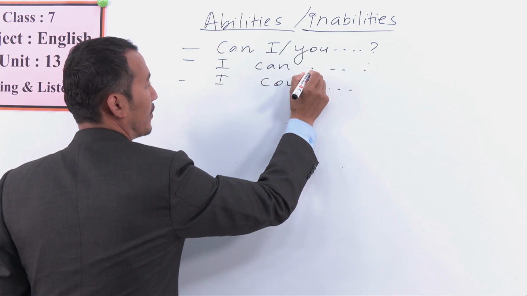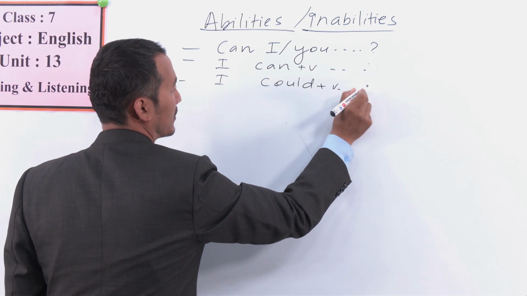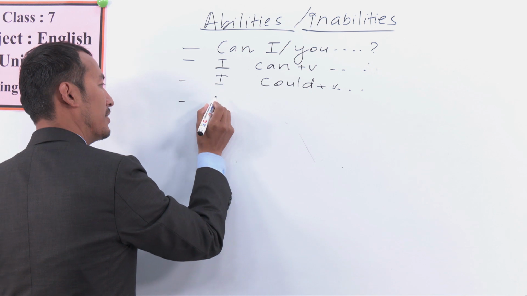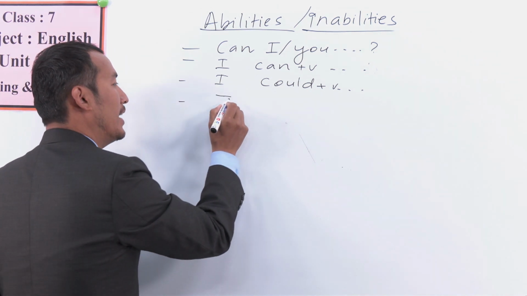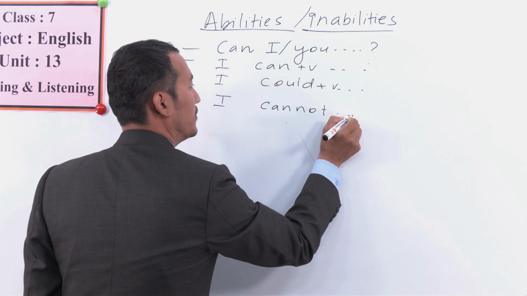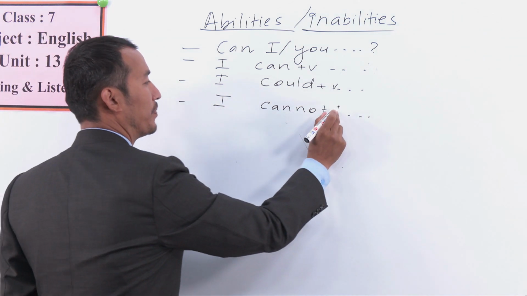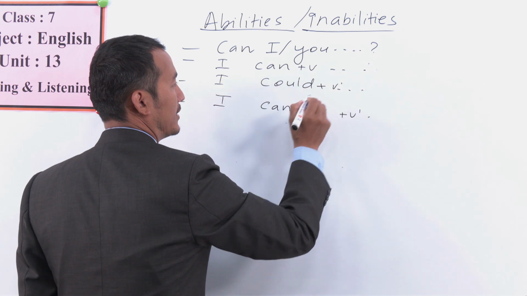Here we have a verb, here we have a verb again, and we also notice another type of sentence, "I cannot". So these are the structures that we saw in our sentences from this exercise.